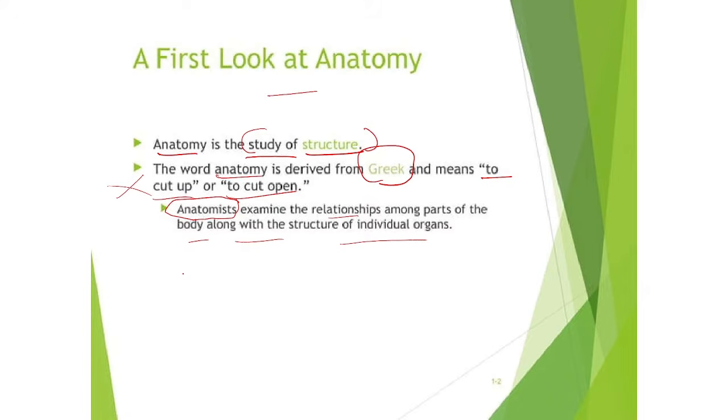We have many individual organs. What is the relation between these two organs? Some people examine that, and that person is known as an anatomist. You understood? Anatomy means study of structure, the word meaning is to cut open, and an anatomist is a person who examines the relationship between the particular organs in our body.